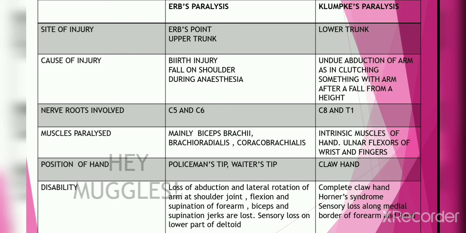So in long standing cases of paralysis, sometimes the skin becomes dry and scaly, and nails start cracking easily, and there is atrophy of the pulp of fingers.